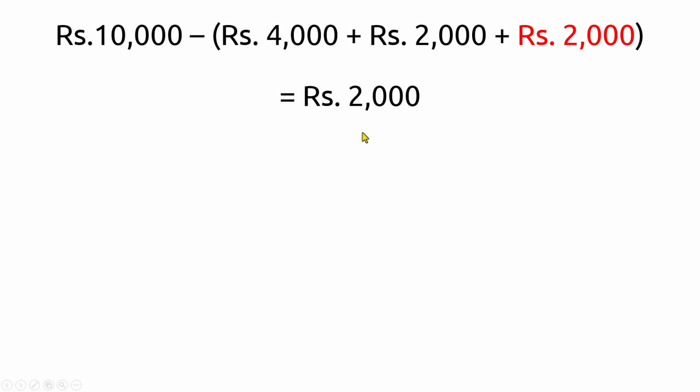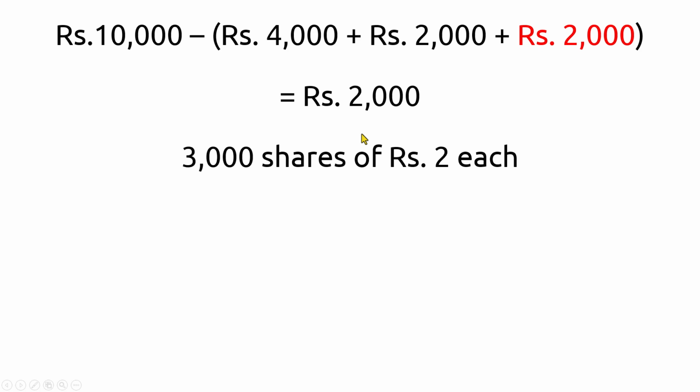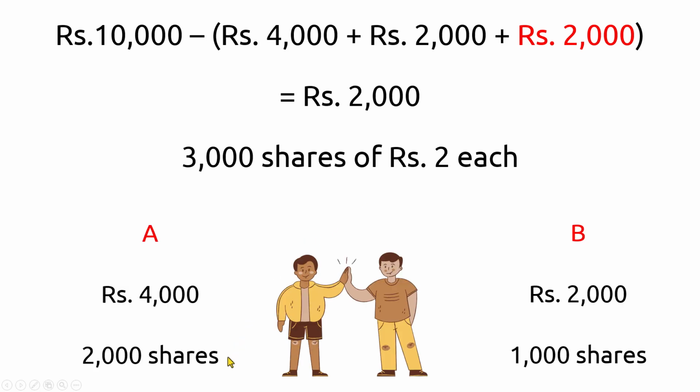Now, instead of splitting the company into 4,000 shares, they split the company into 3,000 shares. Promoter A then keeps 2,000 shares and promoter B keeps 1,000 shares.